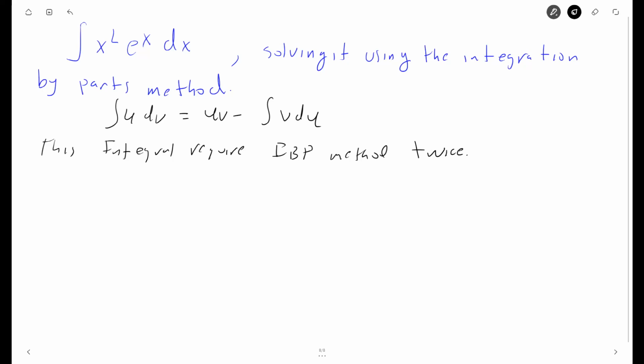Okay, so we'll start with u equal to x squared and dv equal to e to the x. This means that du/dx is equal to 2x, so du is equal to 2x dx.